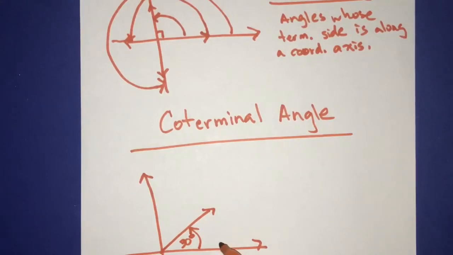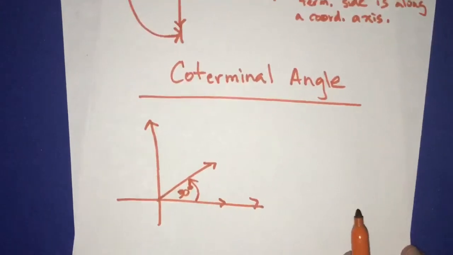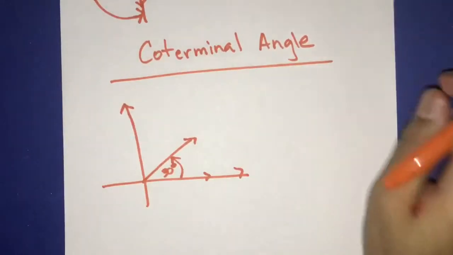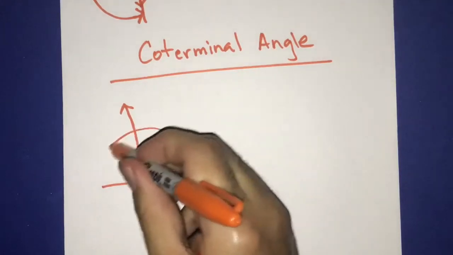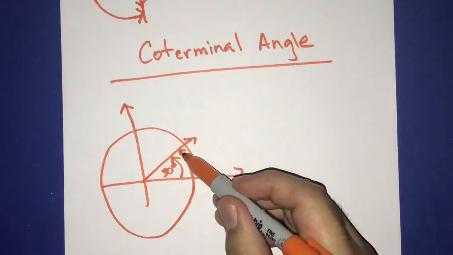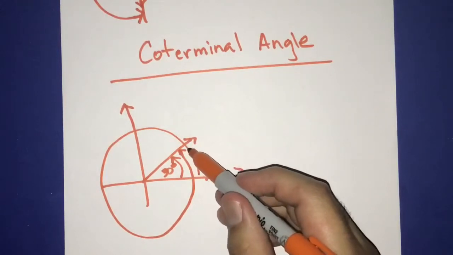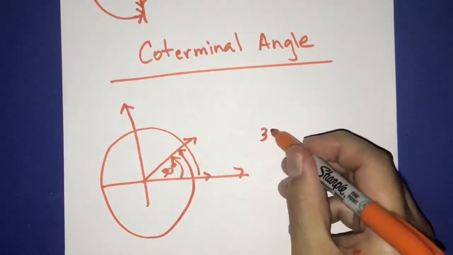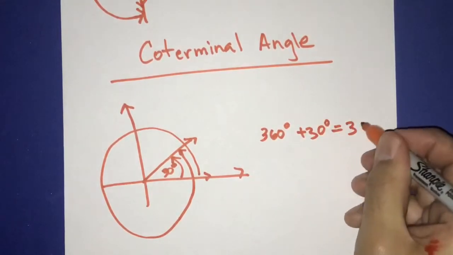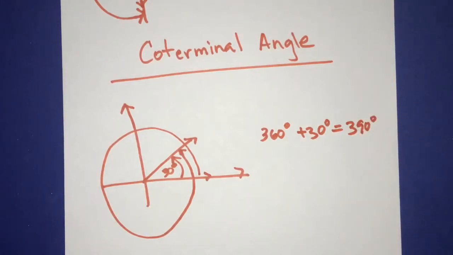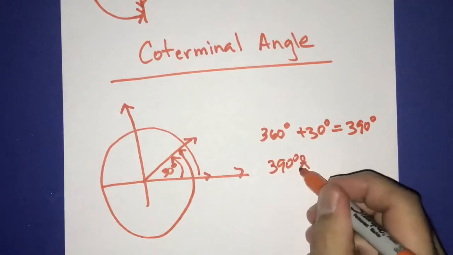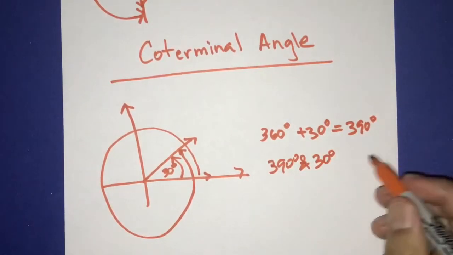So if we went ahead and rotated this past 360 degrees, it still has the same terminal side and they coincide. So we see that 360 degrees plus 30 degrees equals 390 degrees. So we see that 390 degrees and 30 degrees are coterminal.